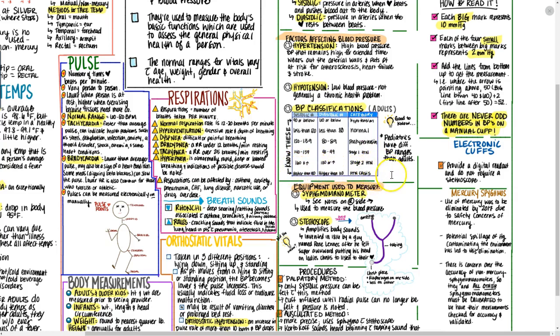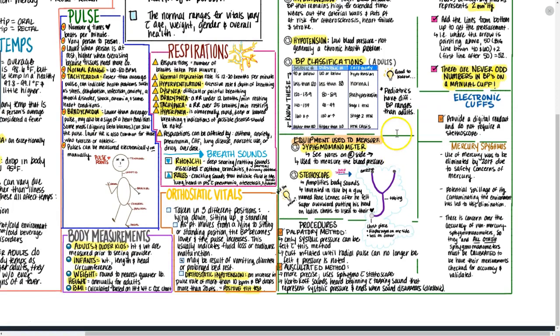I think I uploaded a chart to Canvas also with this information on it, so that you have it for your clinicals, but you should definitely take note of these and memorize them, make your own little chart, do something so that you have this information available to you. As you're at your clinical site doing these blood pressure readings, if you ever have a patient who is potentially in a hypertensive crisis, you know to alert your provider.